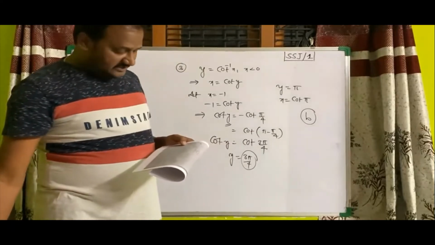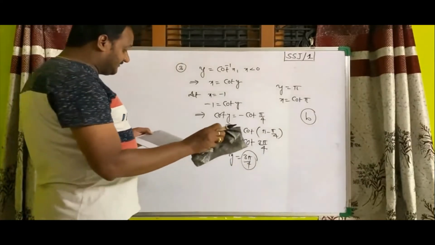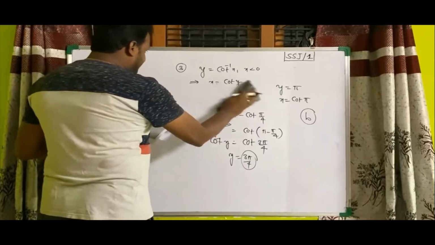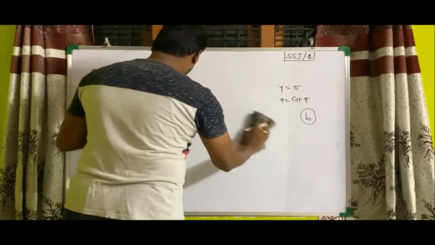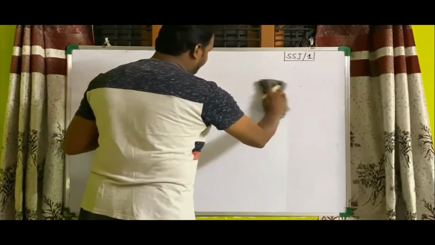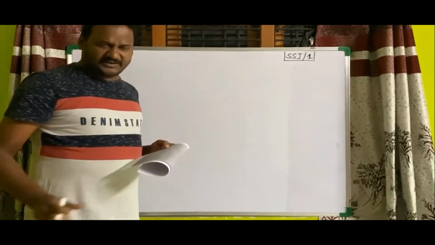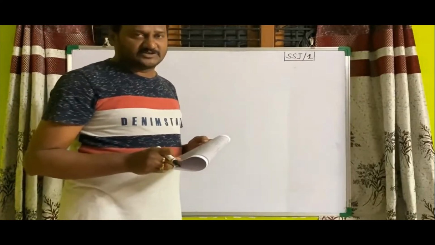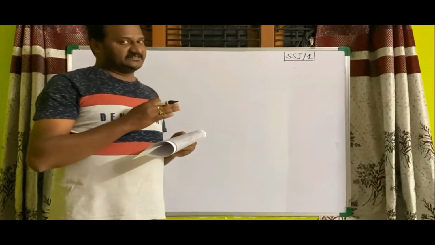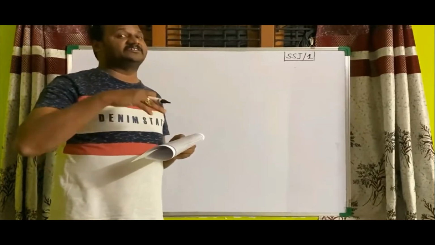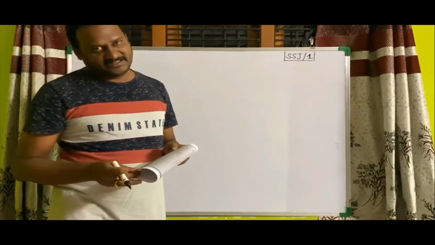You understand how to answer this? Correct. And coming to the fourth one. The fourth one is the number of functions defined from the set containing 1, 2, 3, 4, 5 to the set containing a, b. So what kind of functions here? You need to find one-to-one functions. When are one-to-one functions, or injections, possible? Only when the number of elements of the first set is less than or equal to the number of elements of the second set.